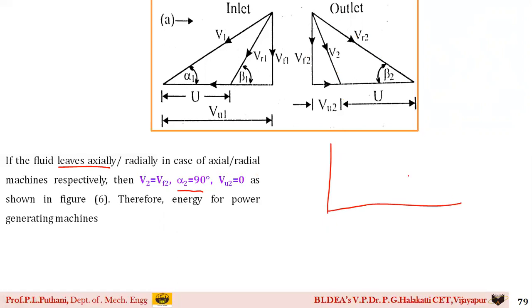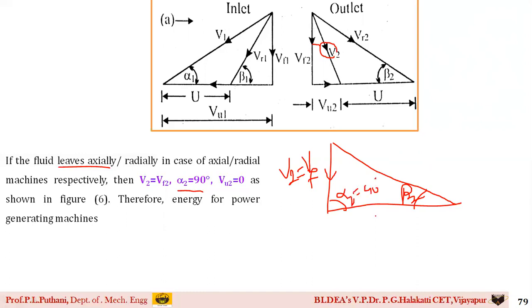Alpha 2 equal to 90 degrees means V2 is equal to Vf. This V2 overlaps on Vf. So V2 is equal to Vf, and you have the discharge angle beta 2.